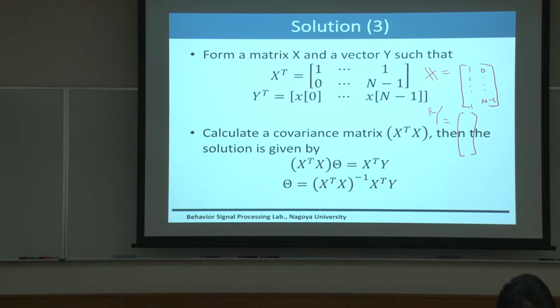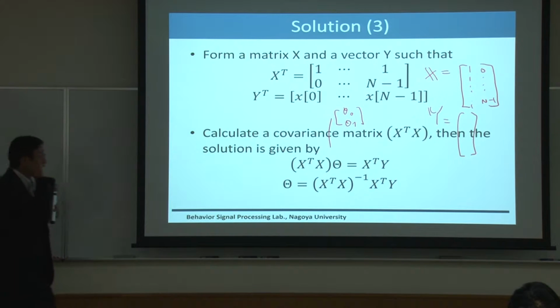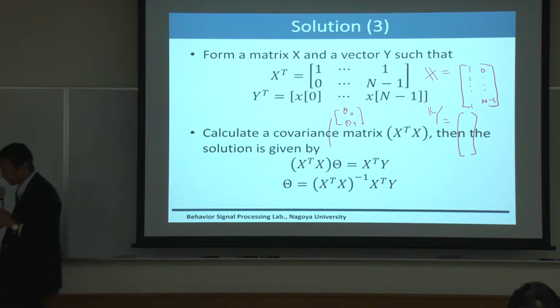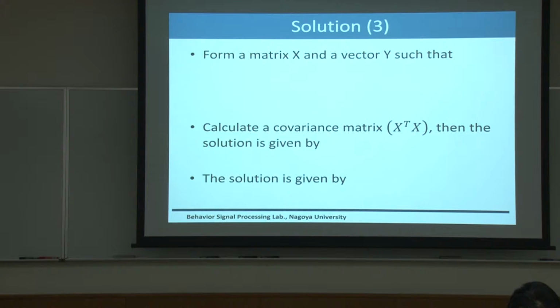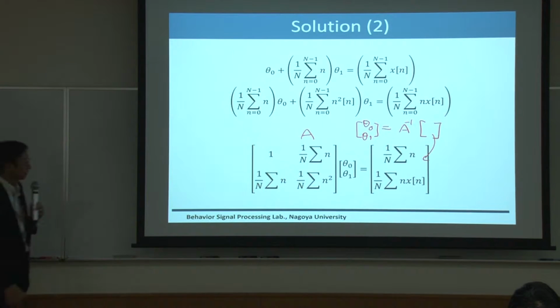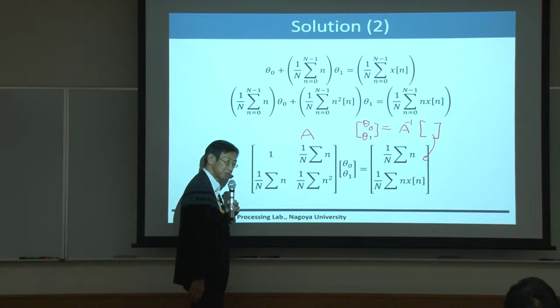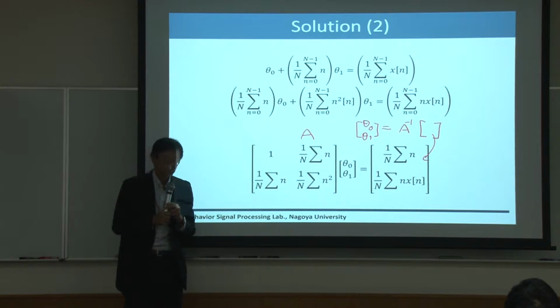That's going to be your X transpose times X times theta. Theta is theta 0 and theta 1, again a column vector, equal to X transpose and Y. You can confirm that this product is exactly equal to this matrix. Do you agree?